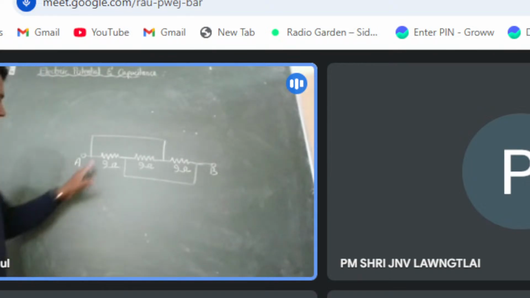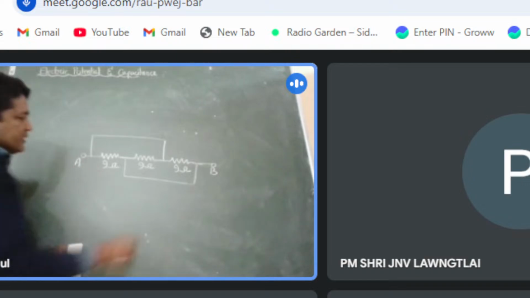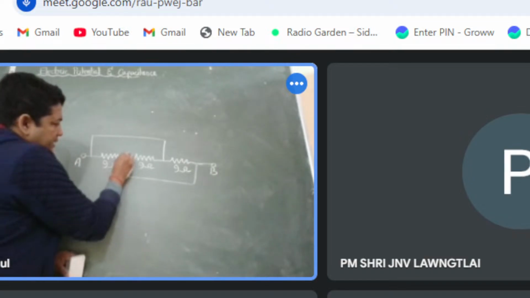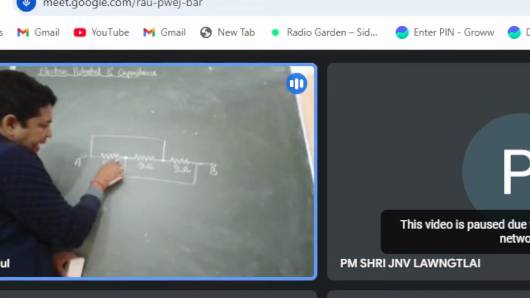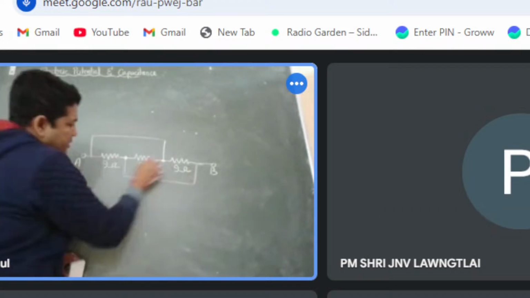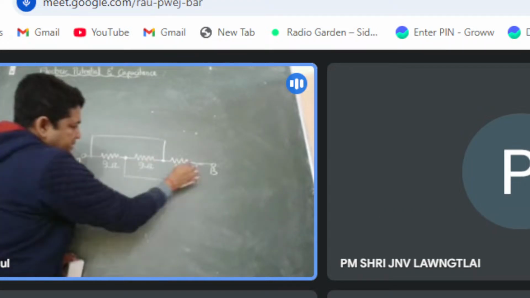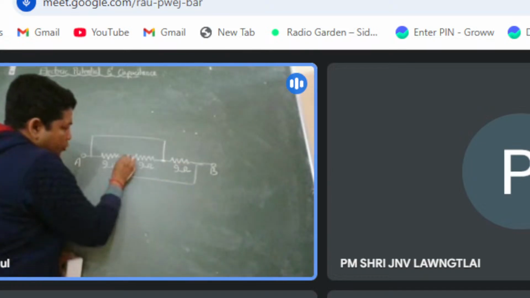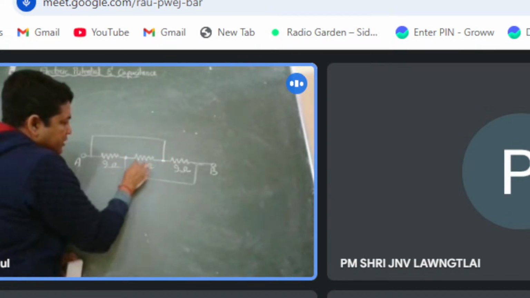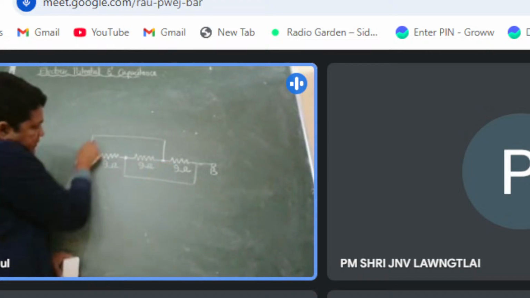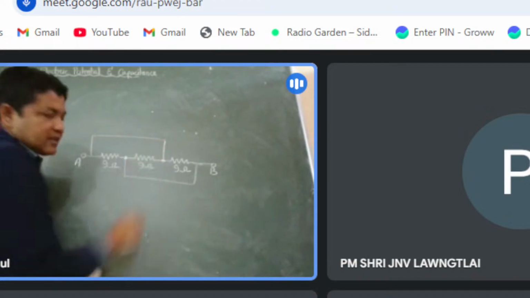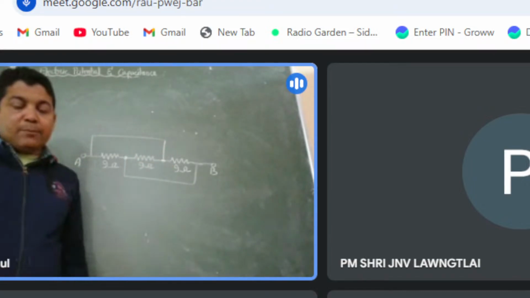So let me discuss that. See, here let these points be there. So here, this end of this resistor and this end of this resistor are common. And here also, similarly, the end of this resistor and the ends of these resistors by this conductor are common. So it is a parallel combination.